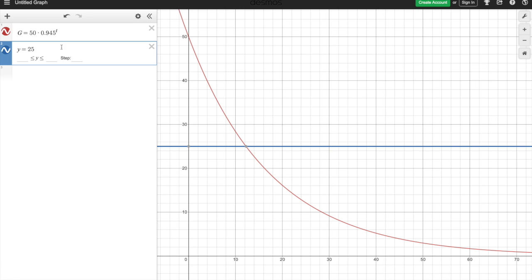This puts in a blue horizontal line at the 25 level, and we need to figure out where it's equal to our exponential function. So we're finding where they cross, and that's at this point right here. So the answer for the half-life is 12.25, rounding to 2 decimals.